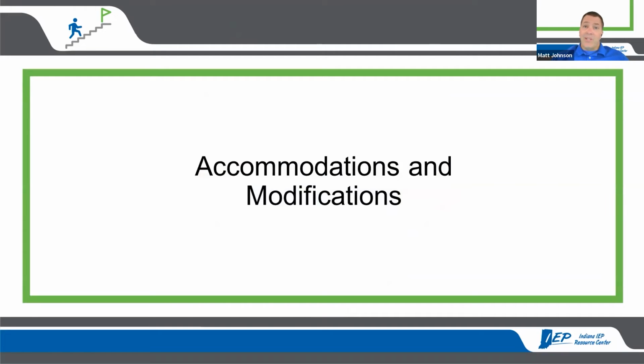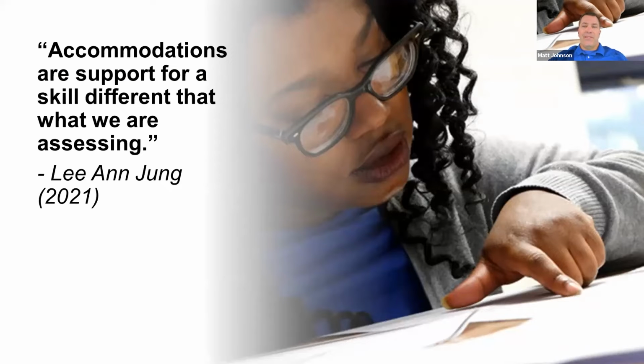So that brings us into accommodations and modifications. It's actually a pretty good segue into this piece. I like this analogy from Leanne Jung, who said this at a training that I went to, and it's in a couple of her books as well. Think about it this way: accommodations are support for a skill different than what we are assessing.